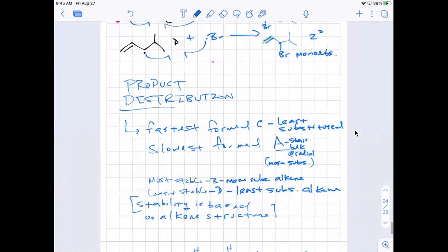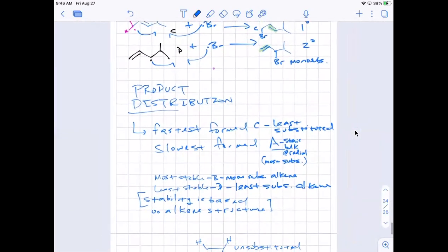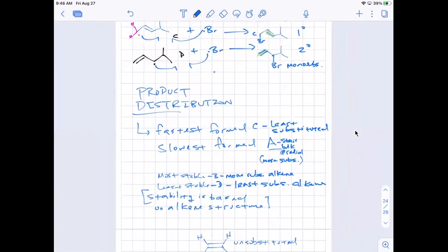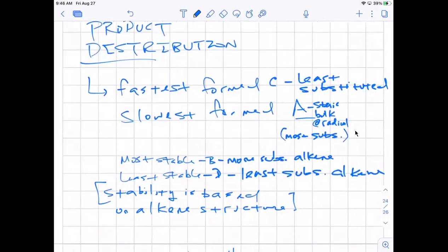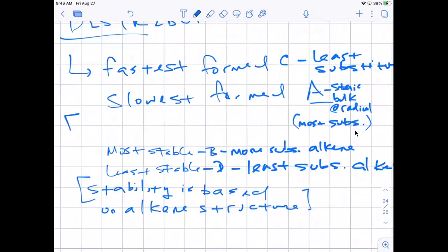Questions about that? So the fastest formed is going to be at the least substituted site, and fastest form and slowest form is dealing with the site where the radical is. And more stable and least stable is based on where the alkene is, like the structure of the alkene. Let me put that up here too in parentheses.